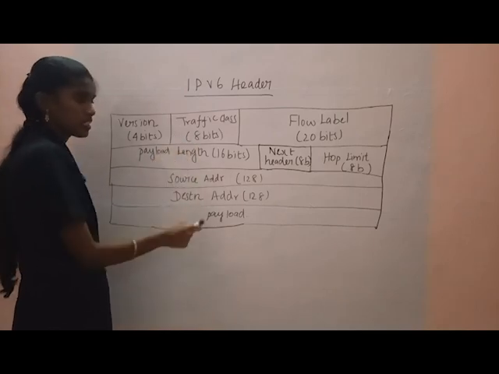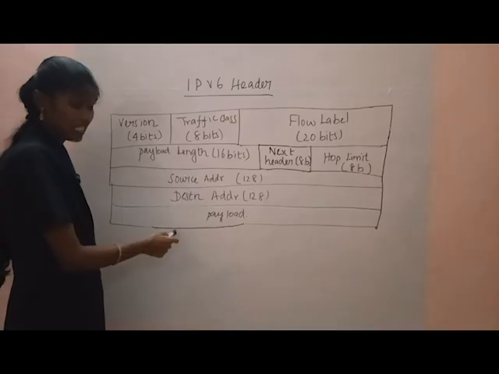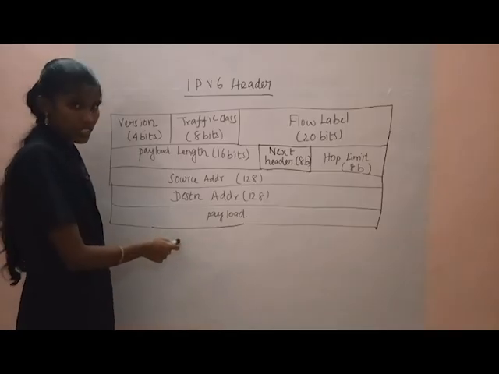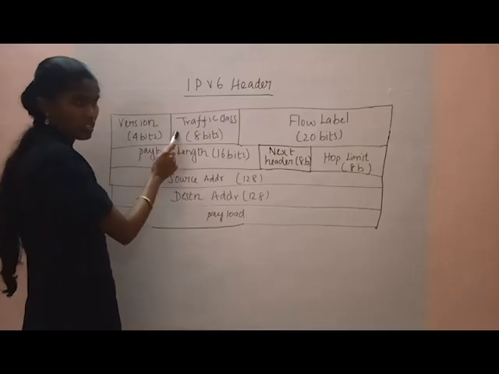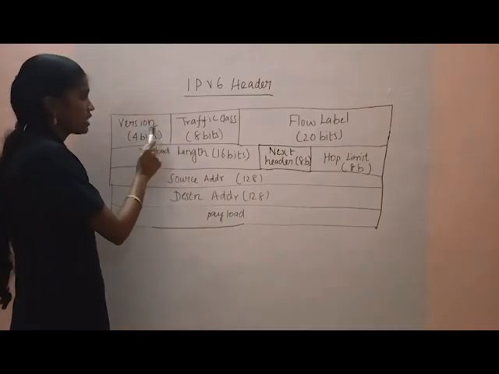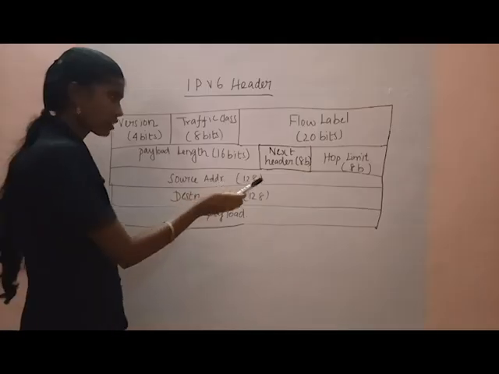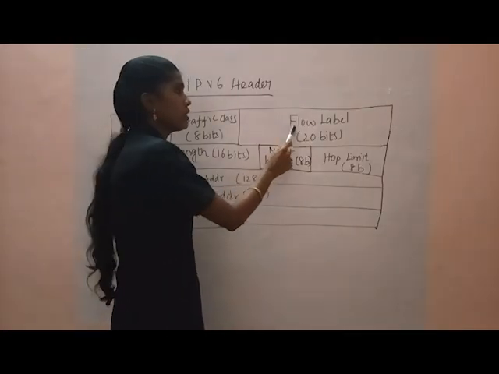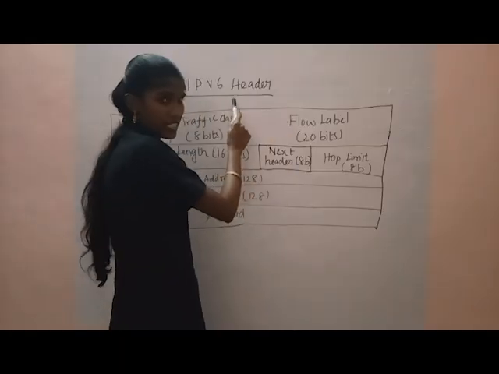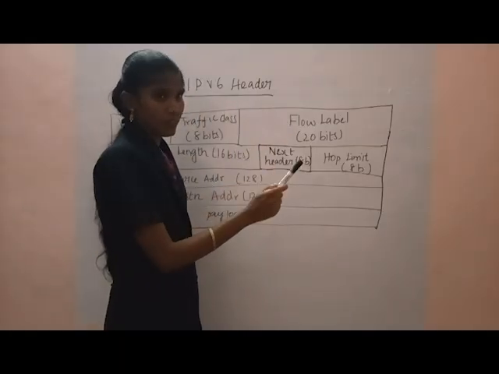That denotes the type of the entire packet, whether it is a data packet or it is a congestion notification, and what is the priority of the packet. All the informations are available here. So these are the things about these two fields. The next field is about flow label. This term is something new to IPv6. We don't have flow in IPv4.